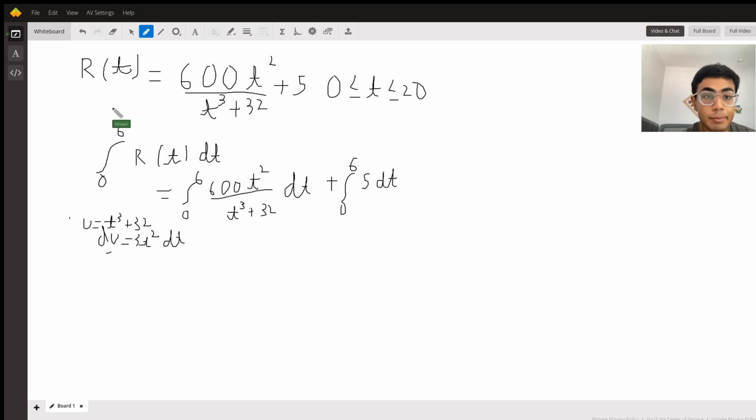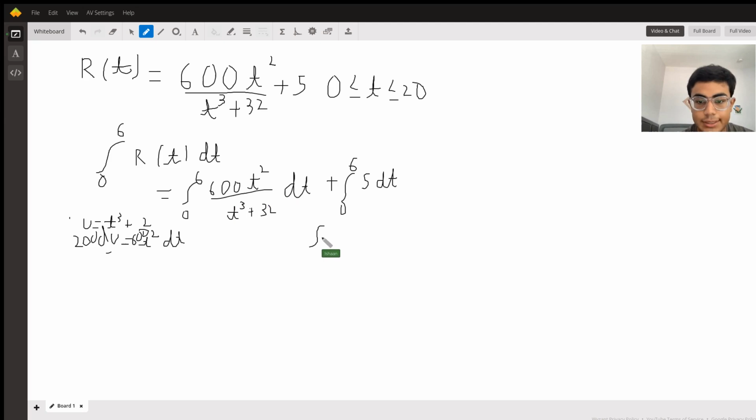If we multiply both sides again by 200, then 200 du is equal to 600 t squared dt. And this is great because we can substitute 200 du into this numerator right here.